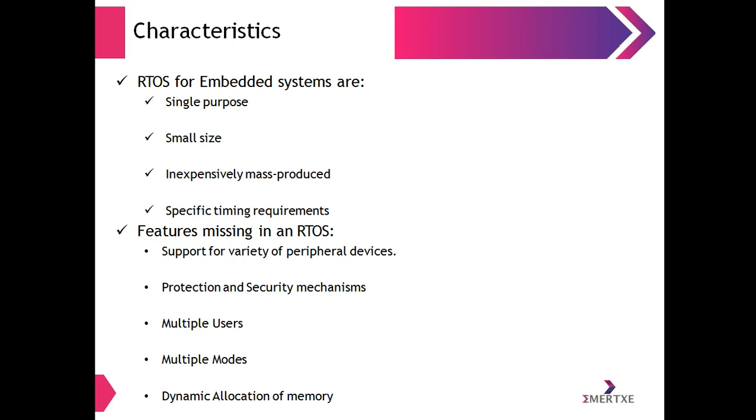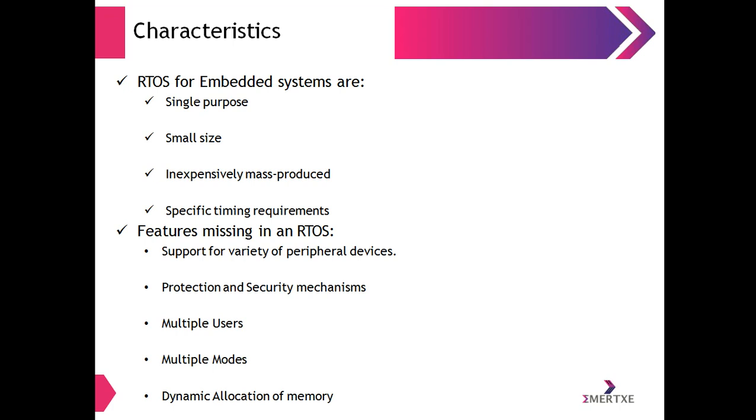Inexpensively mass produced, and specific timing requirements are there for RTOS. Features missing in RTOS are support for a variety of peripheral devices, protection and security mechanisms, multiple users, multiple modes, and dynamic allocation of memory. All these features are missing in RTOS.